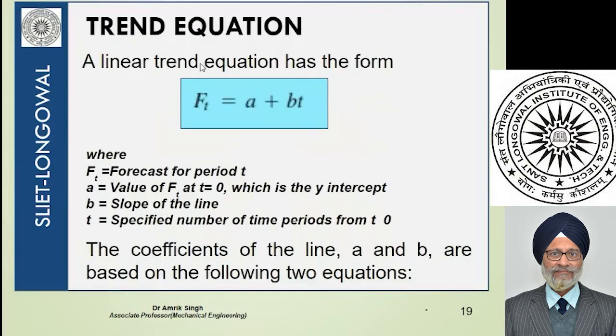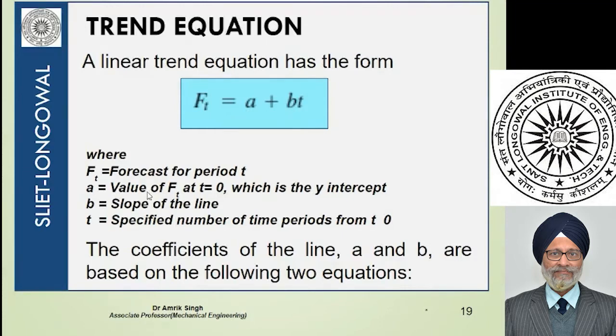Now, in order to draw the trend equation, we must know the equation of a simple line, that is a straight line, which shows a linear trend. It has the form Ft is equal to a plus bt, where Ft is the forecast for the t period, the month for which you want to make the forecast, and a and b are the coefficients of the line.